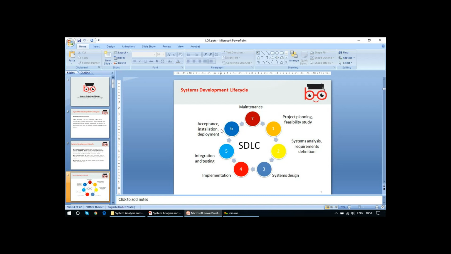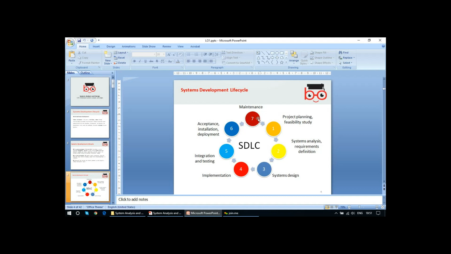Deployment is basically the general term used for packaging, like you produce the software in packaging. And acceptance is that whatever you have given, you let the users use it and get hands-on practice.